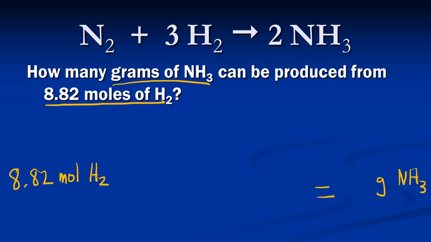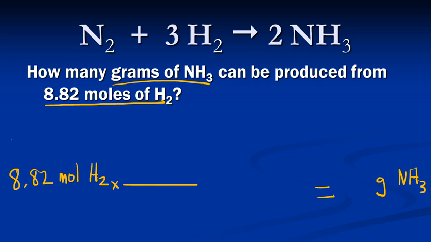Now the first step, as you recall, is convert to moles. Now, do we need to do that? Well, you can see the question is already in moles, so we don't have to convert to moles. So we can go on to step 2. Step 2 is the mole ratio. So what substances go in the mole ratio?